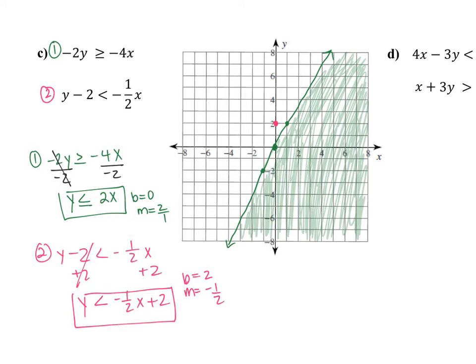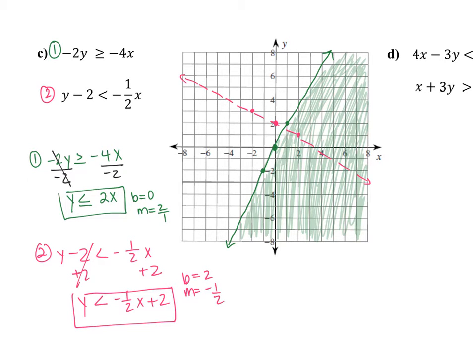And I use my slope, -1 over 2, so that's down 1 over 2. Or you could go up 1 and over 2 to the left if you want to go the opposite direction to extend your line. And I need a dash line because this inequality does not have an equal sign underneath it. So if I were to make some dash lines here to connect the dots, I can further extend this line out.